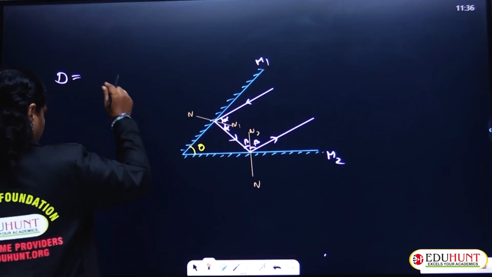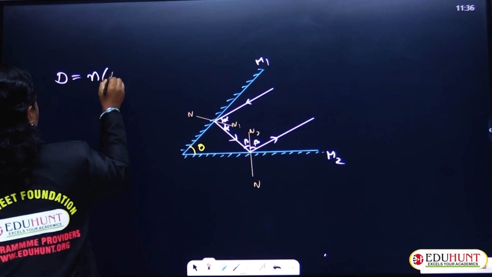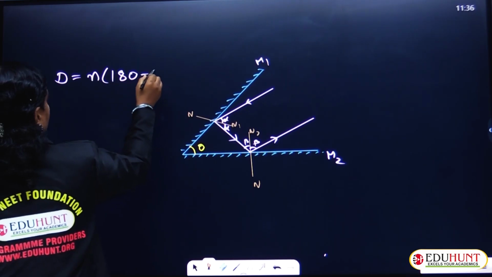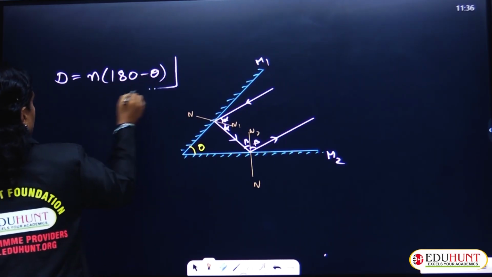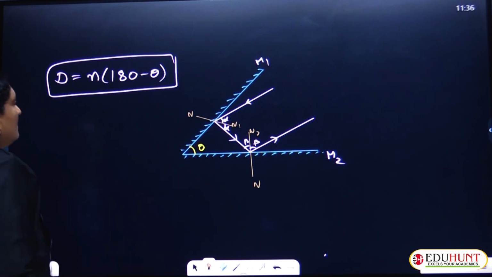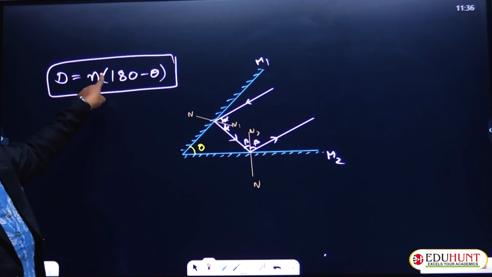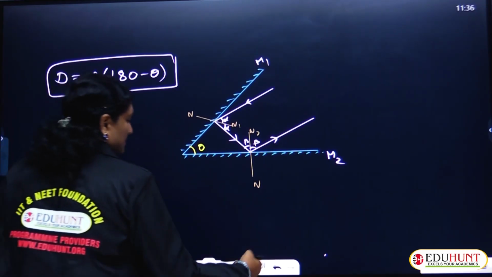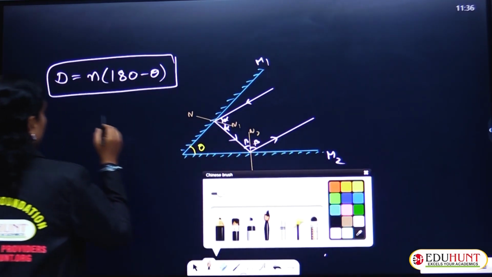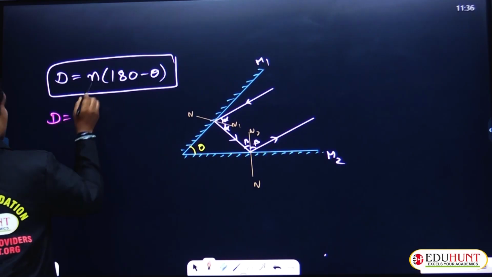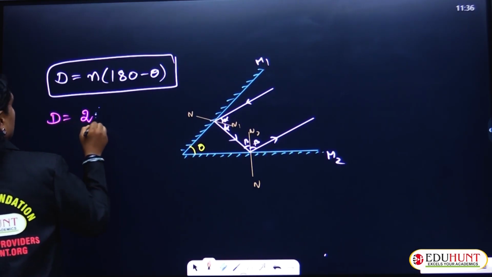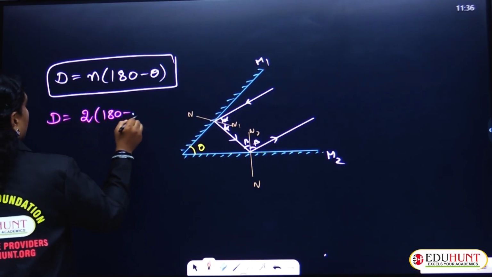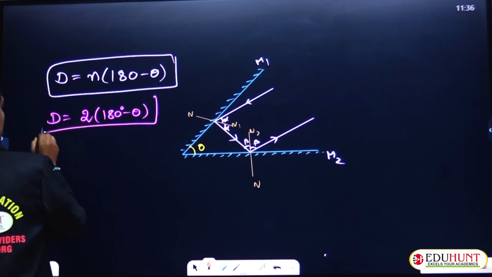Then the angle of deviation is found to be n times 180 minus theta. This is the formula. Here n is the number of reflections. In this example, whatever we have considered, only two reflections, then D must be equal to 2 times 180 minus theta.